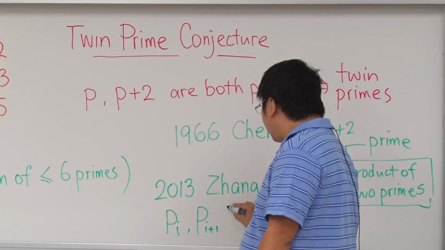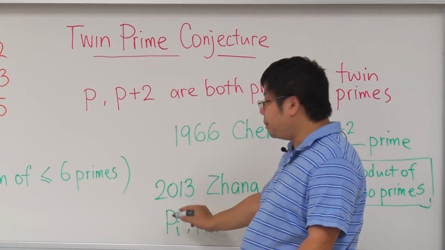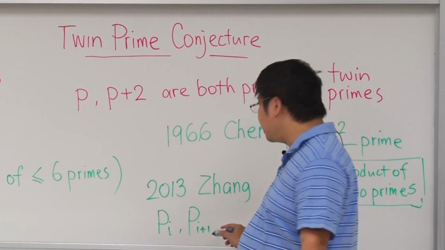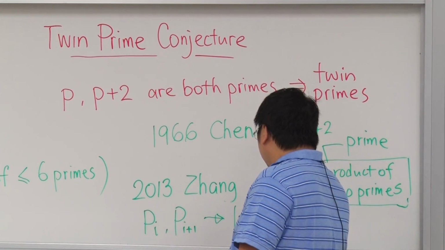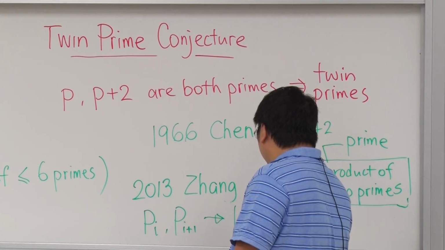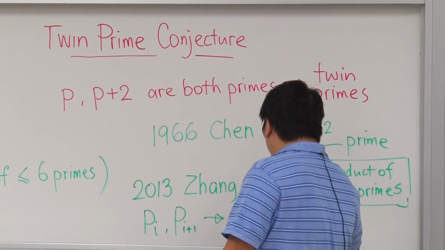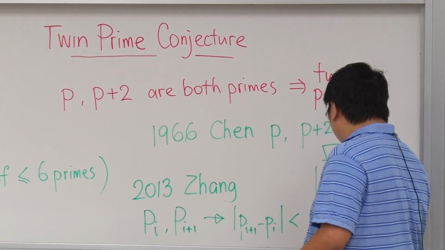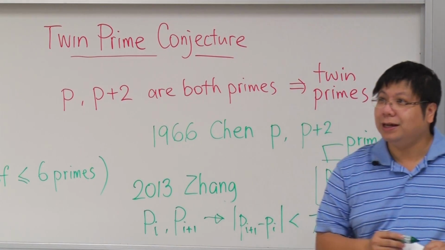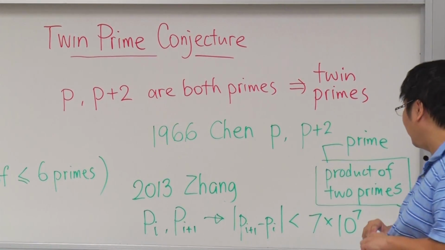Zhang Yitang says that there are infinitely many primes p_i and p_(i+1) such that the distance p_(i+1) minus p_i is less than, or less than or equal to, 7 times 10 to the power 7.